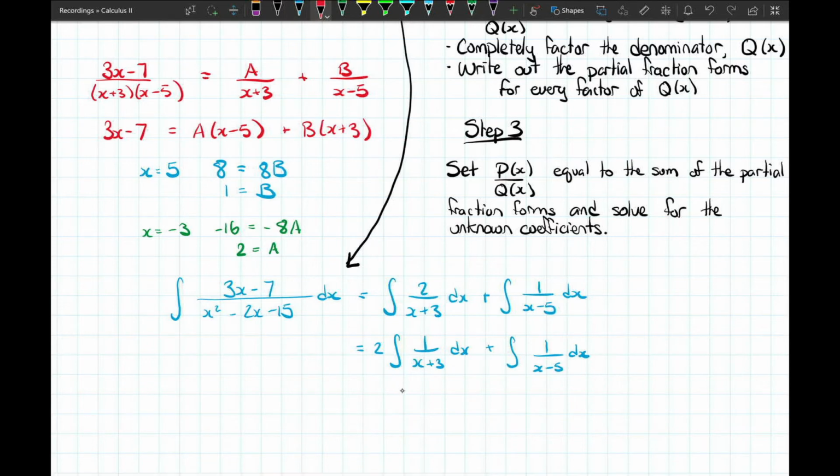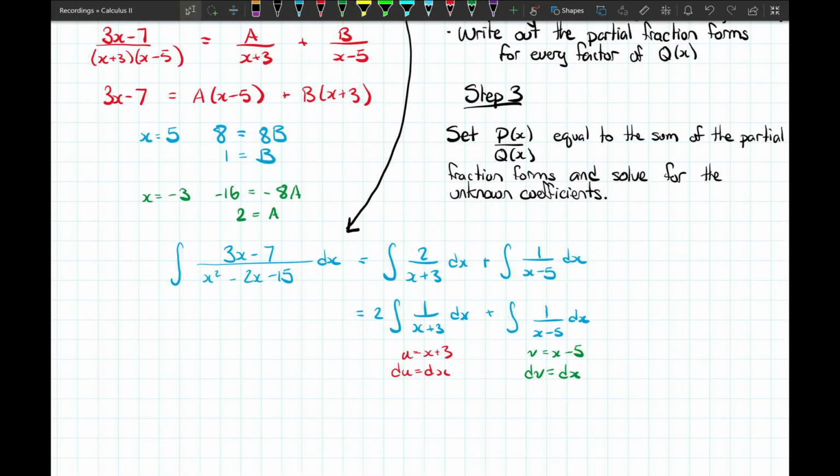In one case, we would have u equal to x plus 3, in which case du is equal to dx. In the other, we will use v equal to x minus 5, since I've already used u, and that means dv is equal to dx. When you complete those substitutions and find the antiderivative, we'll end up with natural logarithms of absolute values of u and v, and we'll have to plug u and v back in.